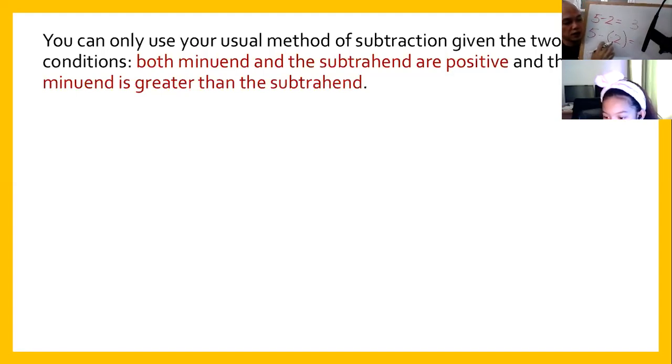You have negative 2 here. The first step is you have to deal with the operation first. You will change the operation to addition. So 5 plus, what is the opposite of negative 2? The opposite of negative 2 is positive 2.